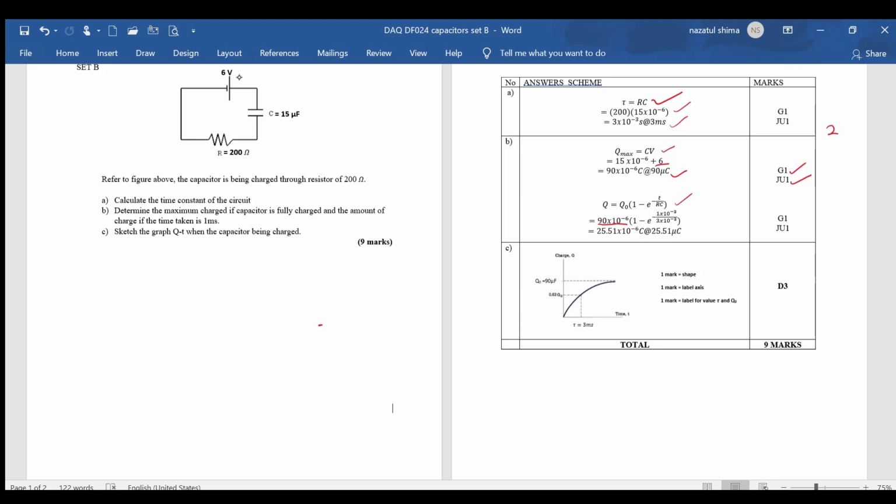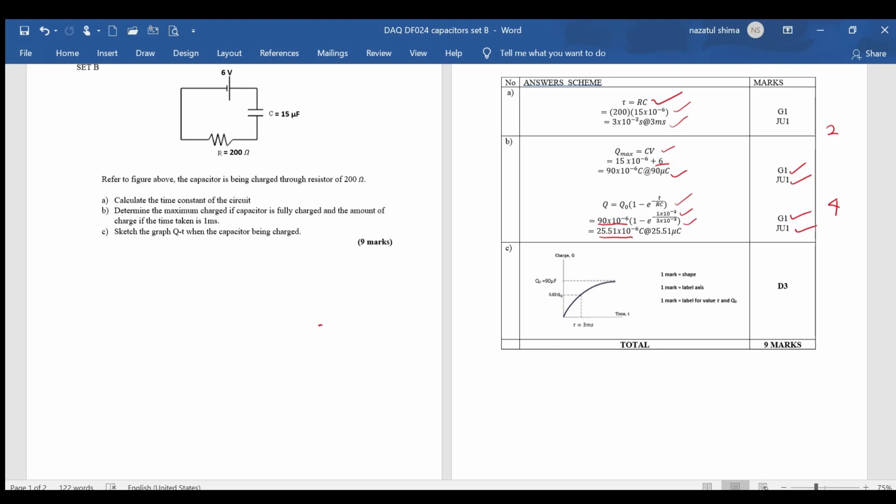And T is a 1 milli, so 1 times 10 negative 3. And the tau is given by 3 milliseconds, so 3 times 10 the power of negative 3. So 1 mark for substitution. And the final answer we got 25.51 times 10 the power negative 6 or 25.5 microcoulomb. So answer with unit 1 mark. So for B, we got 4 marks.